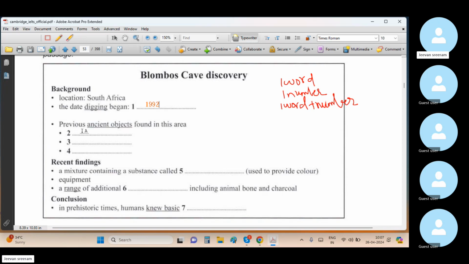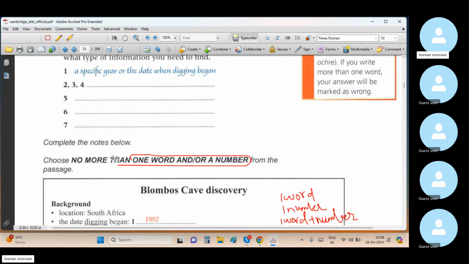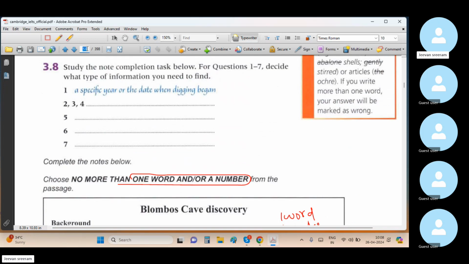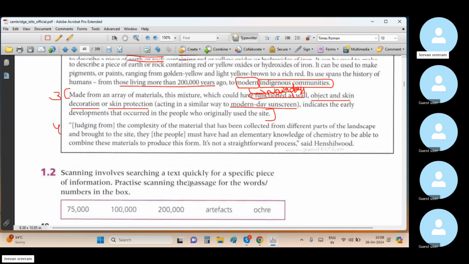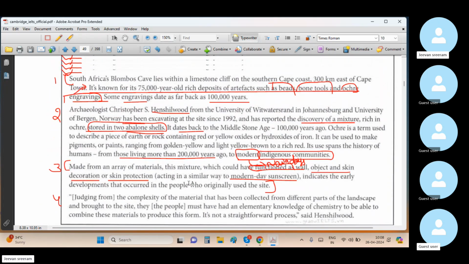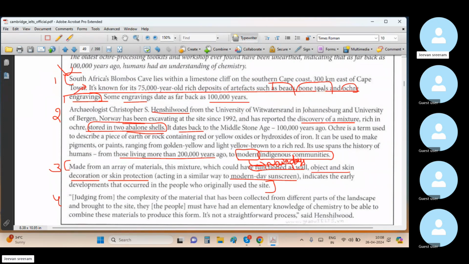What are the previous ancient objects found in this area? You should be able to write only one word. Beads, bones, bone tools? Let's get back to the information. Tools is better, no? Instead of bone tools, we have to write a single word.